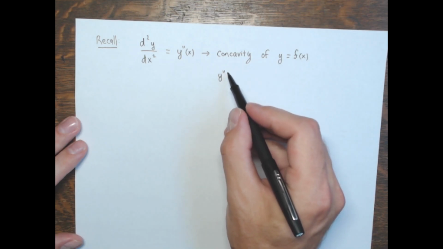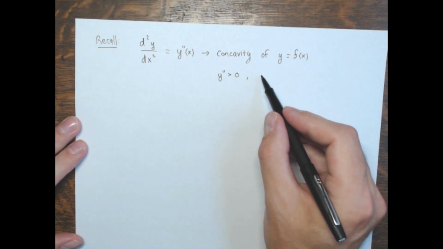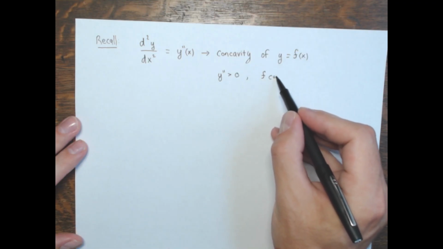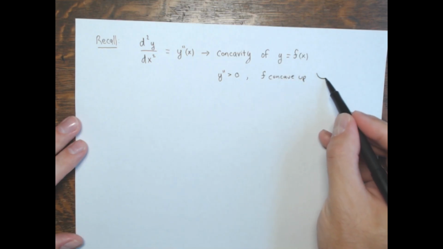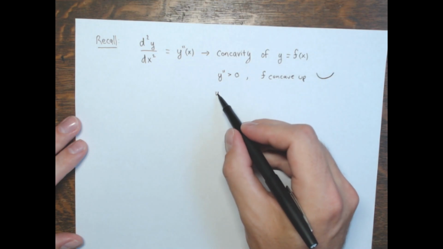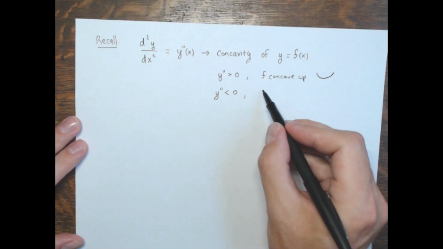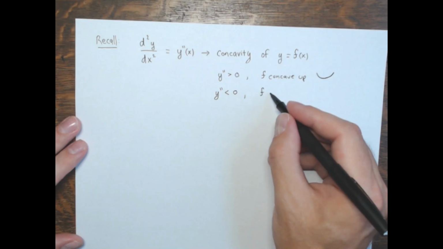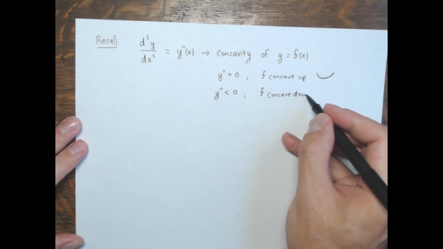And wherever y double prime was positive, f, right, the original function was concave up, right? So curving upward like this, curling upward. And wherever the second derivative was negative, right, less than 0, the graph of the original function, which I'm calling f here, would be concave down.